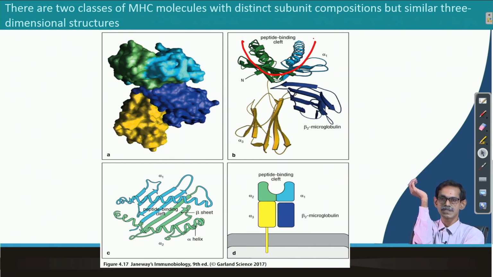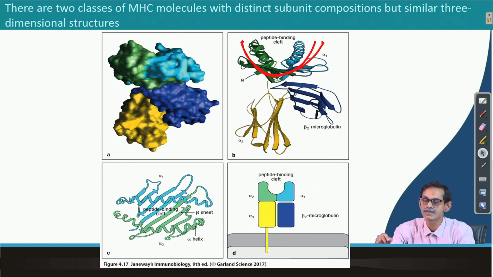But how it looks inside, you can see only if you do it like this. You have to see how flat it is, what the space is. This is the top view, and this is the side view, how it looks sidewise. So this region is actually the cleft.